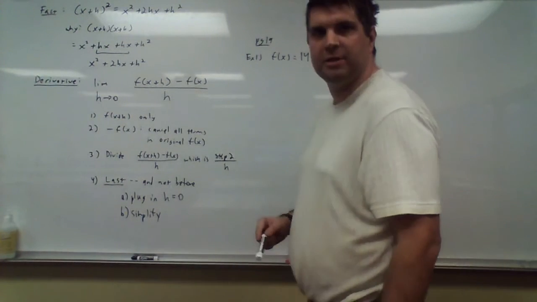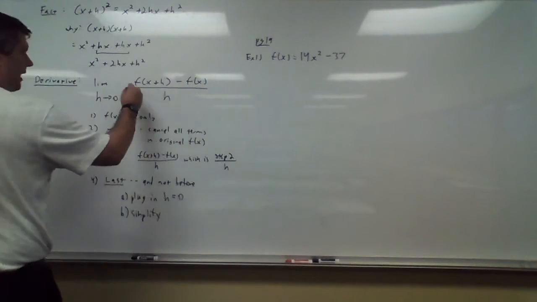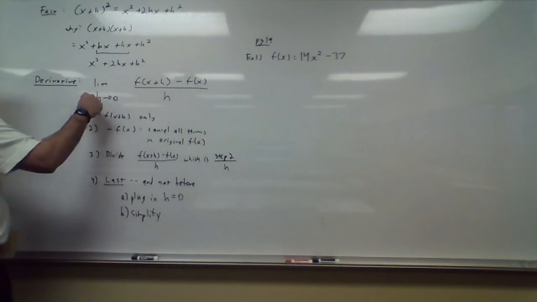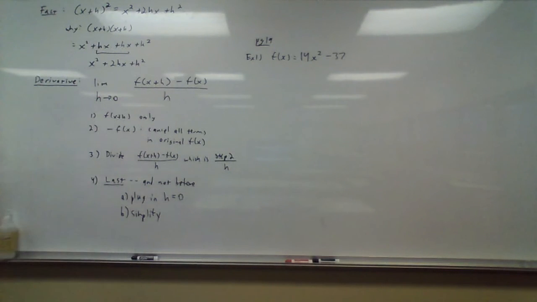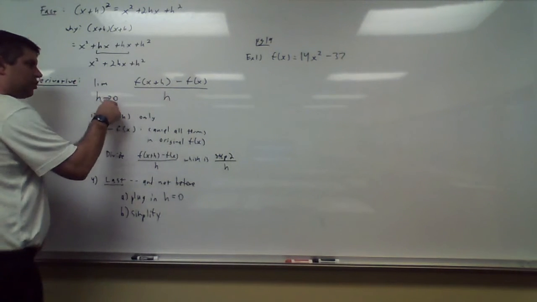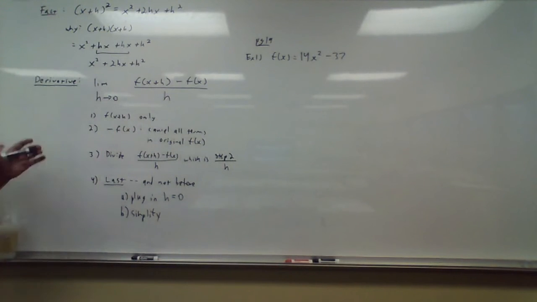Now you may notice the difference quotient expression again, but there's a limit, and it says that h approaches 0. Now, what that means is not important at this point. Essentially, it means what this would equal as h gets closer and closer to 0. But again, that's not very important to the purposes of this problem.